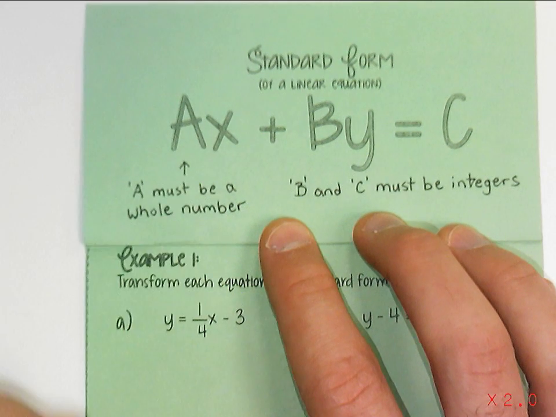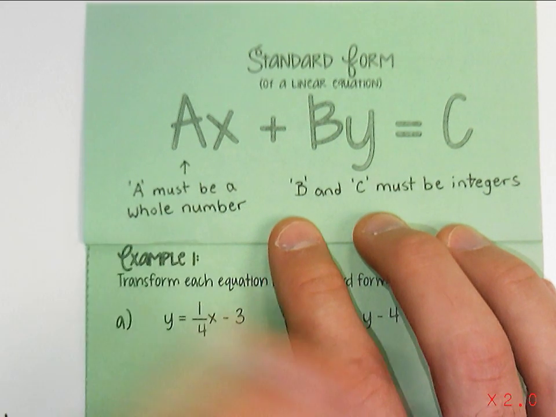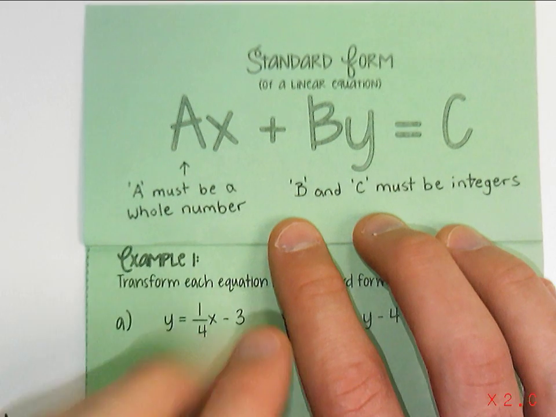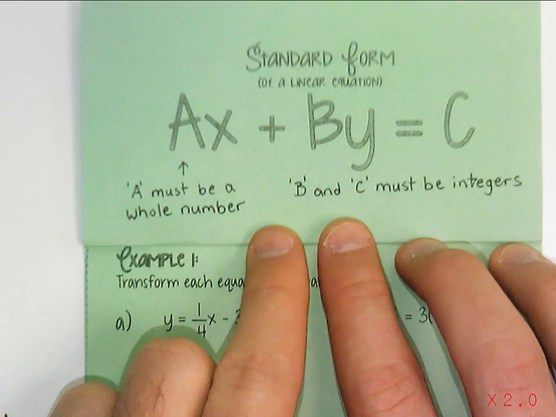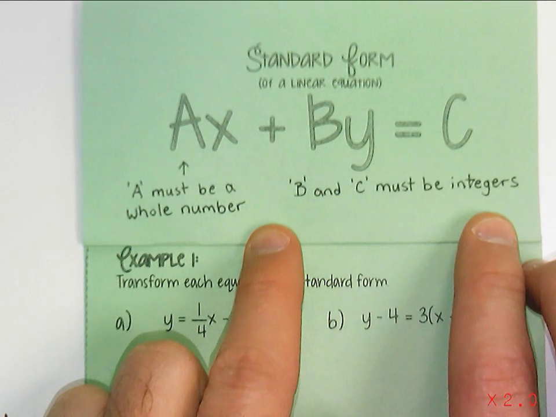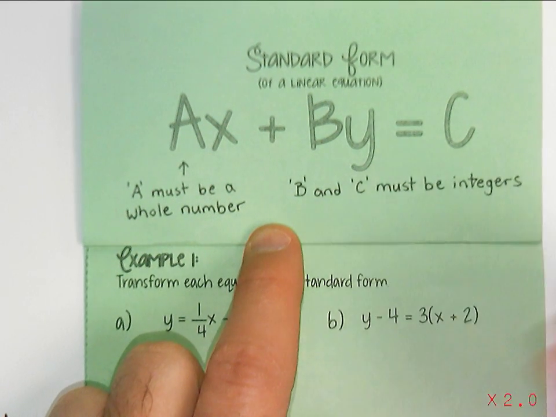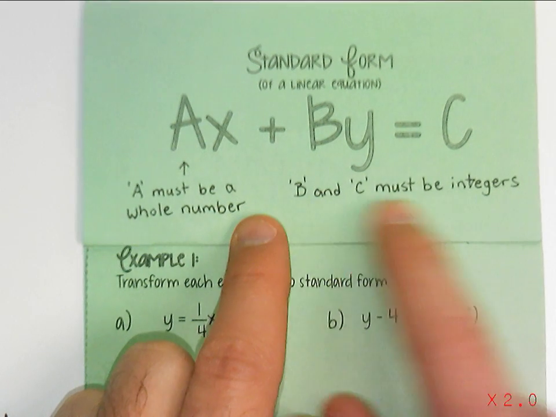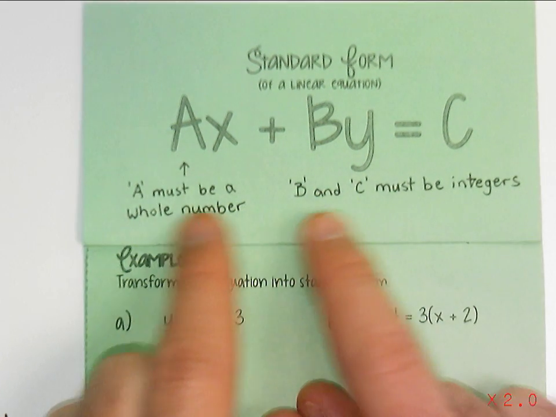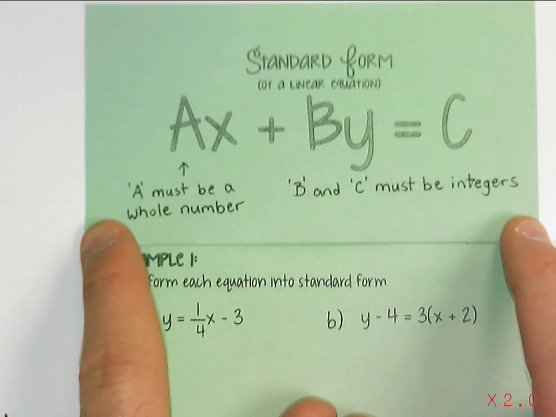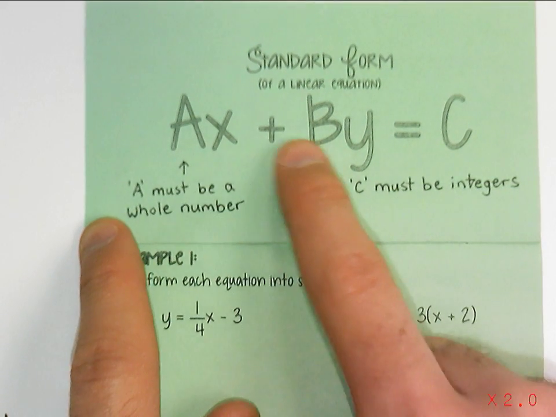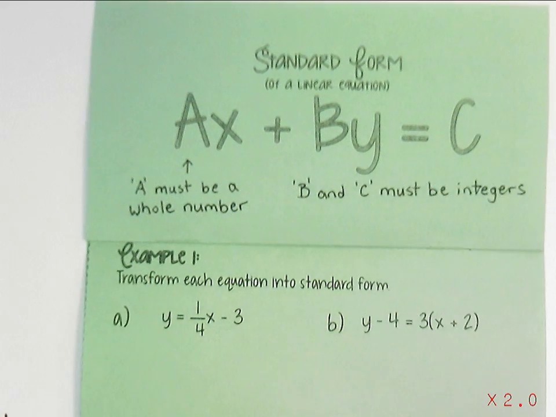It doesn't have to be, but for keeping things uniform and having one answer to look for, we're going to keep this a positive. And then b and c must be integers. Now remember, integers are numbers that can be represented as fractions. So you'll see what we mean as we continue to work through standard form, which again is ax plus by equals c.